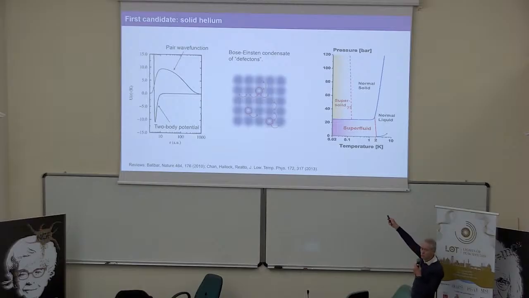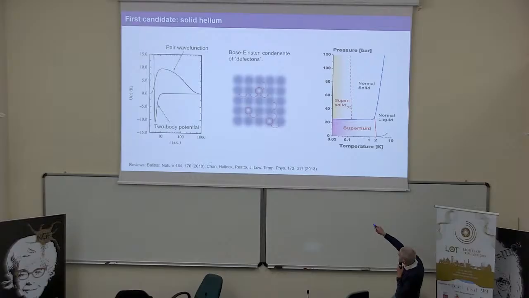So if you take liquid helium at low temperature, below 1 Kelvin, then you compress it, then you will get a solid helium, and the idea would be that here there could be a supersolid phase, perhaps.